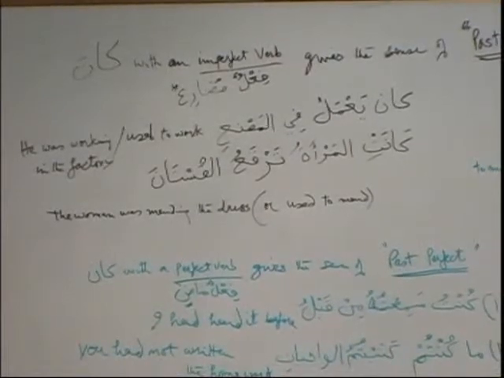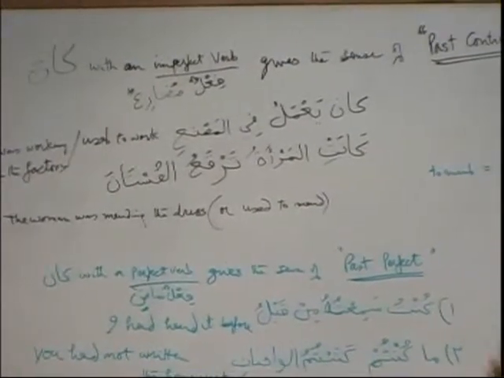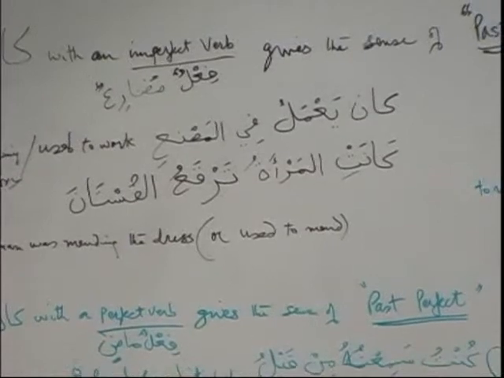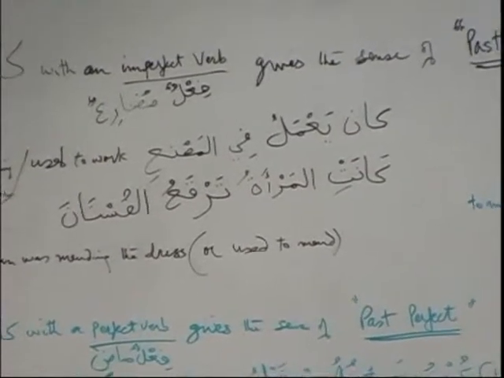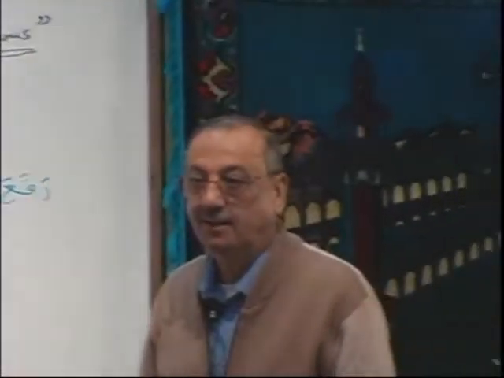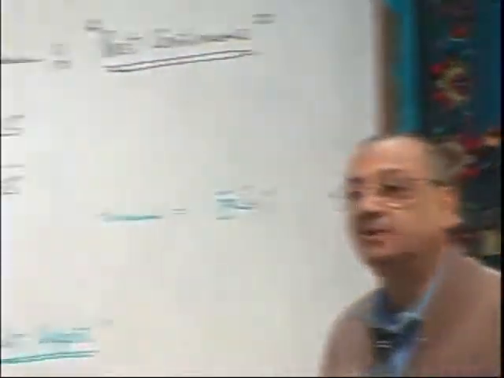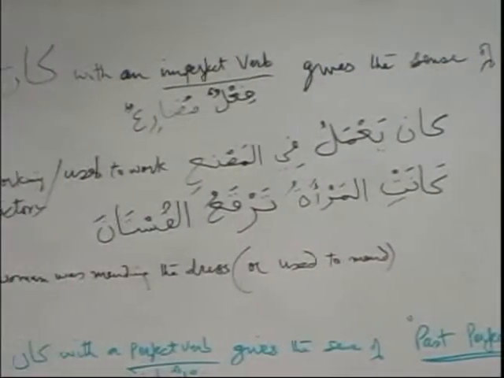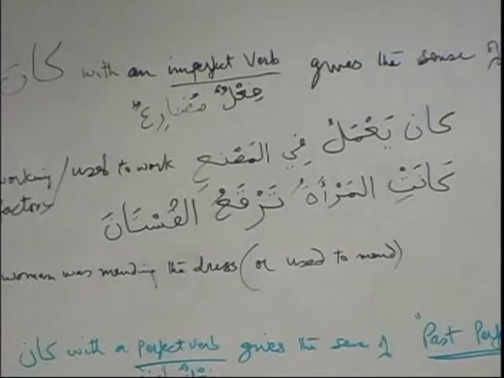Now this you know in English, past continuous: I was doing something, I was going, I was learning, I was reading. Kana ya'malu. Amila ya'malu, to do something. Kana ya'malu fil masna'i. Masna'i is factory, meaning he was working in the factory.